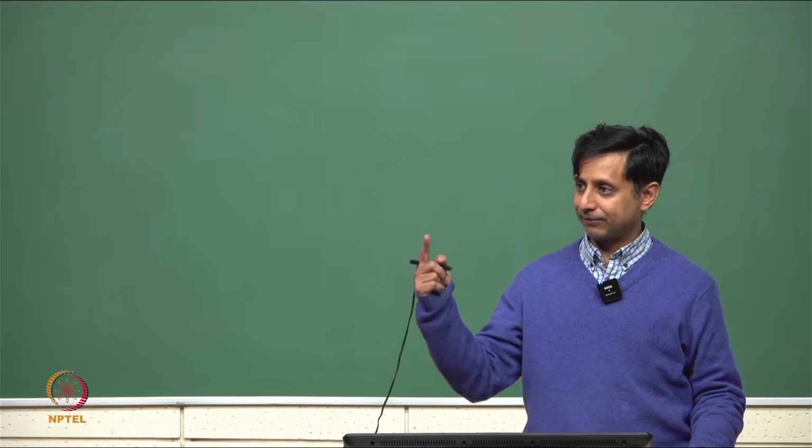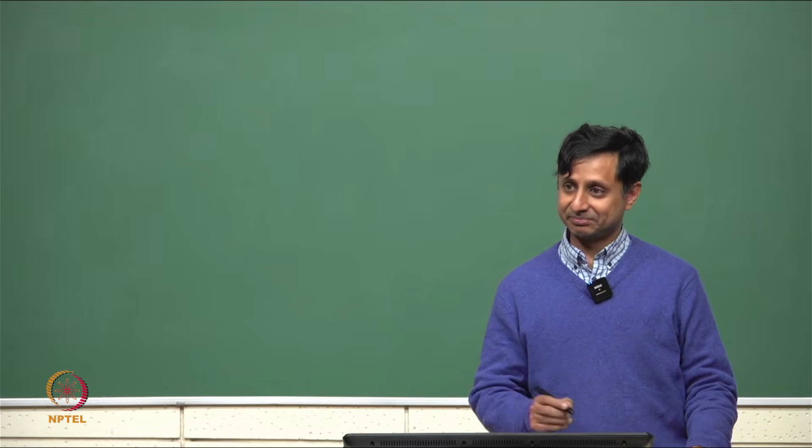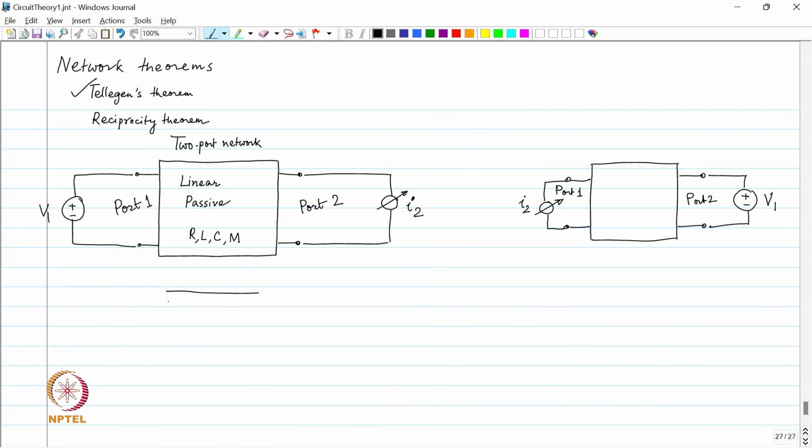All right. This is only half. This is the second half. The second half is as follows, that I could also apply a current I1 at port 1 and with a voltmeter, let us say I measure V2.